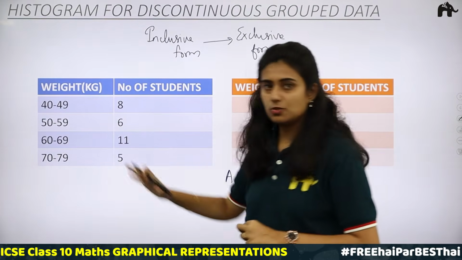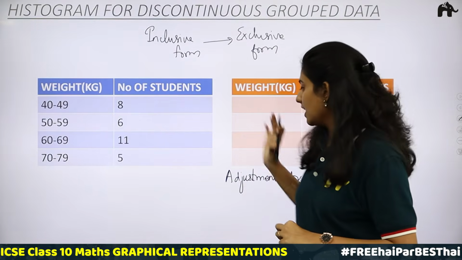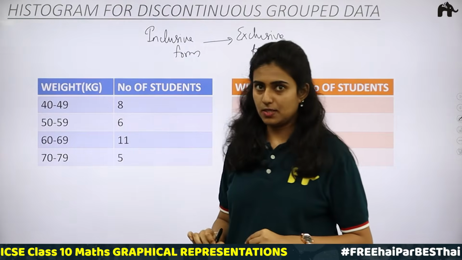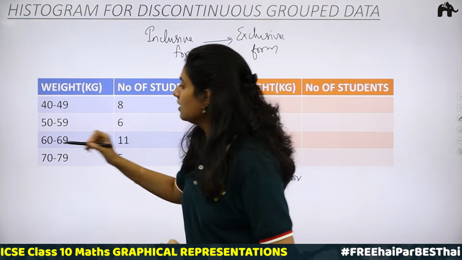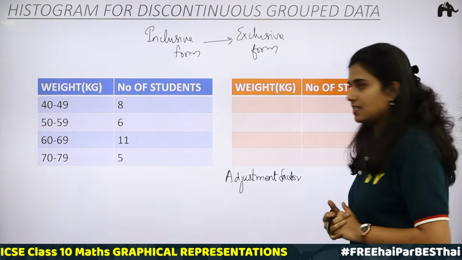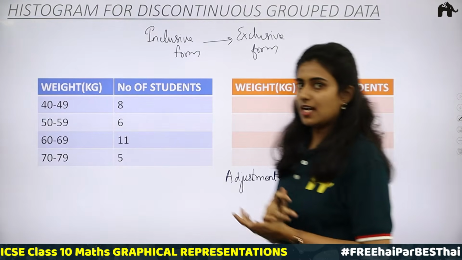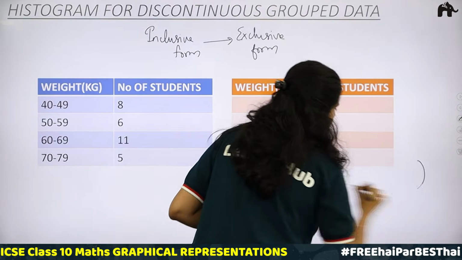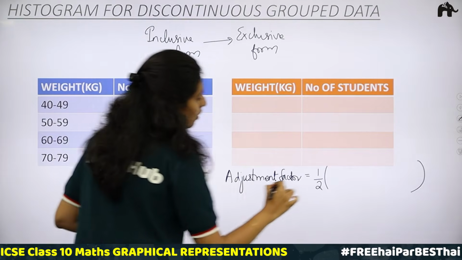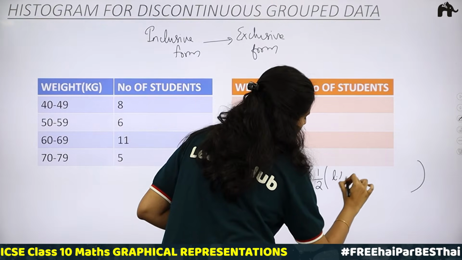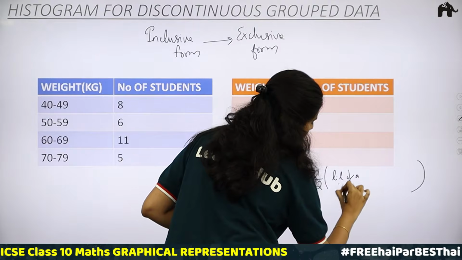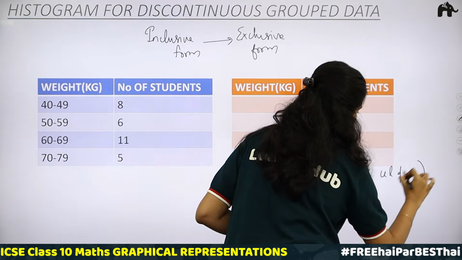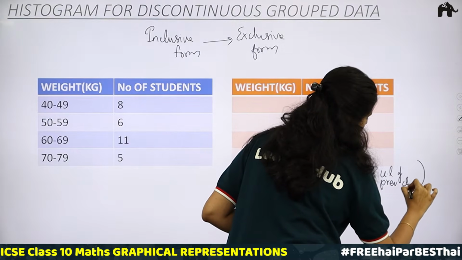So here we have some values. Yes, we have the intervals. We'll find an adjustment factor and add this adjustment factor to all these upper limits and subtract it from all these lower limits. Now how to find adjustment factors? In order to find adjustment factor, there is a formula, that is half of lower limit of a class minus upper limit of previous class.